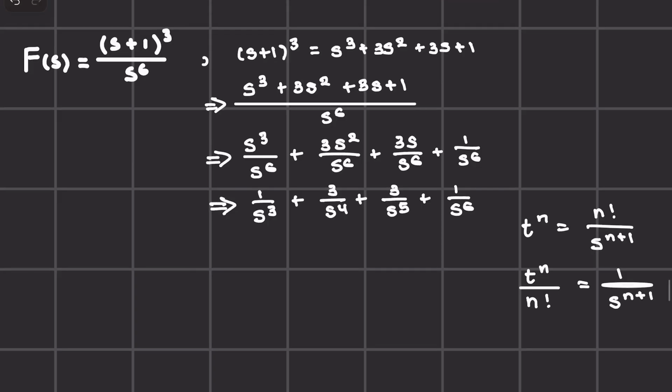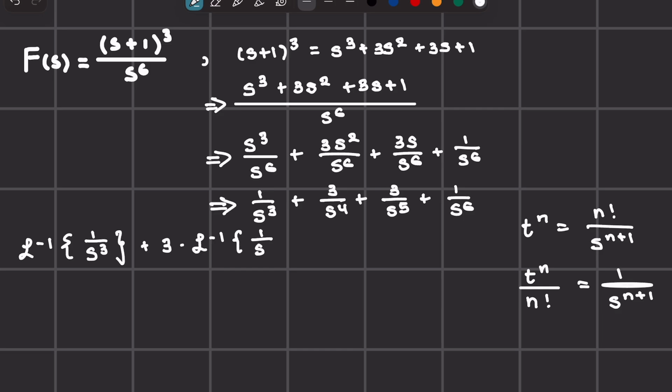Now, this looks way better because we do know that 1 over s to the n plus 1 is similar to each of these fractions that we have here. Okay, without further ado, let's take the inverse Laplace for each of these fractions. So we have the first one, inverse Laplace of 1 over s cubed, plus we can pull out all of the constants or coefficients here by the linearity of Laplace transform.